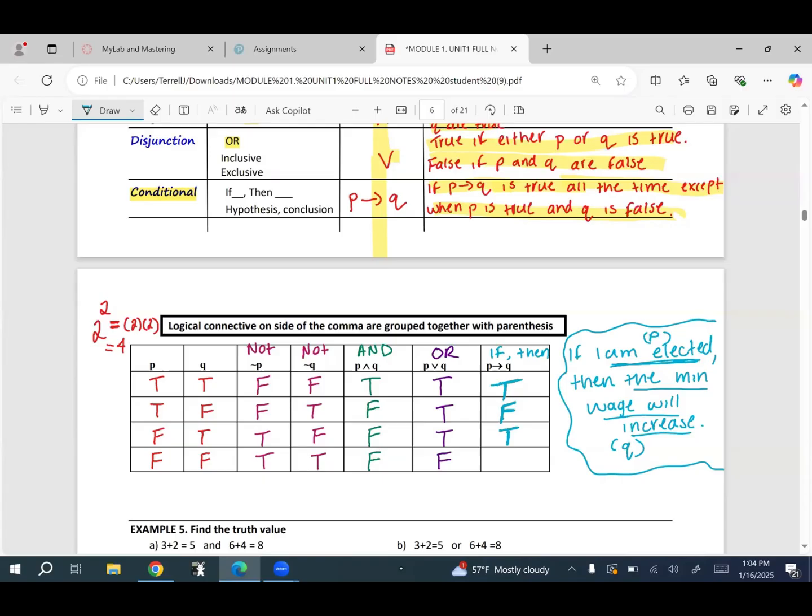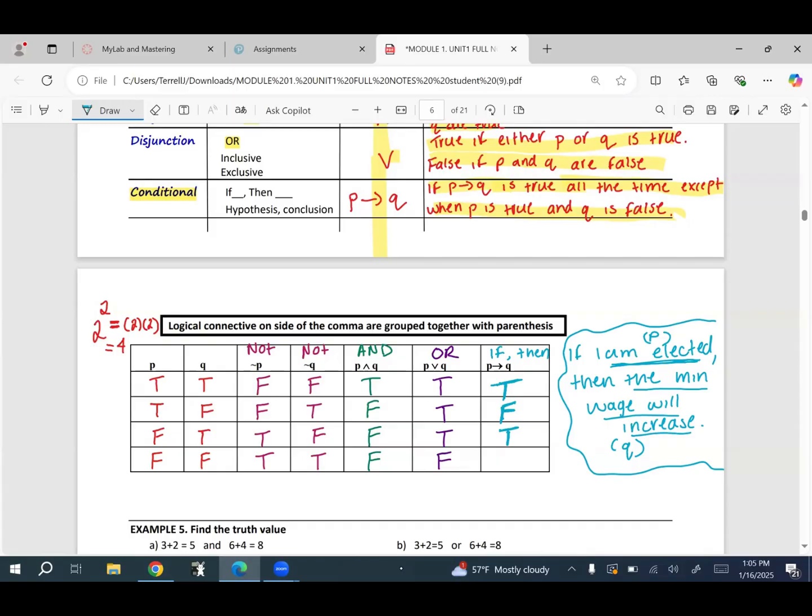The promise still came to pass. So this is why this is a true statement. We only consider if-then statements false if P occurred and the promise does not happen. The person got elected, but the minimum wage still did not increase. That's the only scenario where this is false.